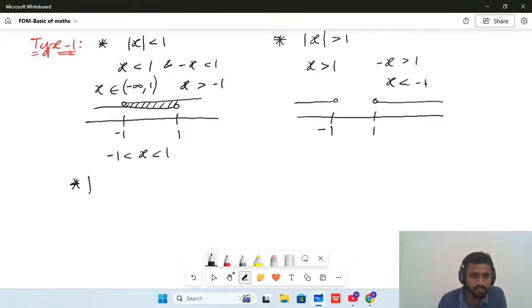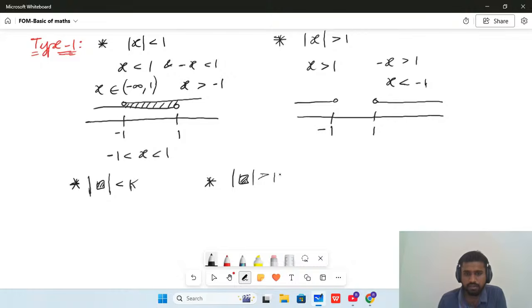Modulus inequality type 1, which is modulus of some expression less than some constant. Mod x less than k is one category inside type 1, and another category is mod of some expression greater than some constant.